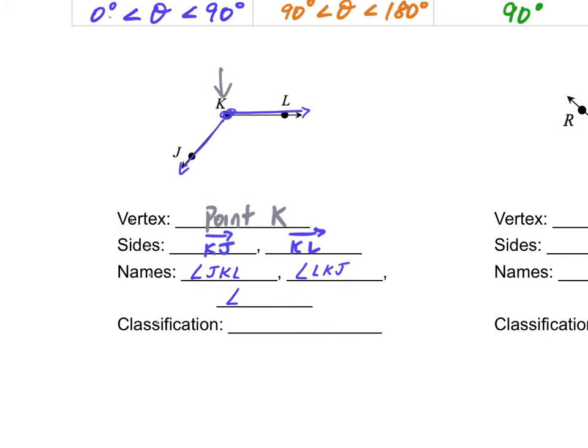And then last, I could just say that I have angle K. Those are three different ways that we could identify this angle. In classification, is it an acute angle? No, it's not small. We don't have a right angle indicator, and it doesn't appear to be a straight line, so that makes it an obtuse angle.